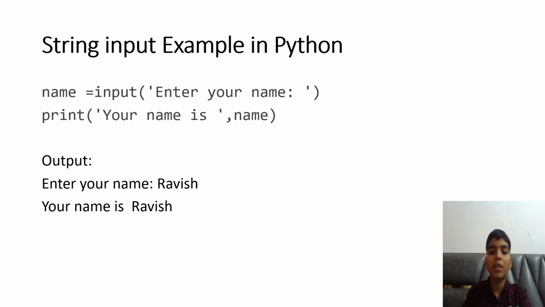The line in quotes is printed as it is, and the output will be, first it will ask the name, so it will print enter your name, and like here I have entered the name as Ravish, so it will print your name is Ravish.